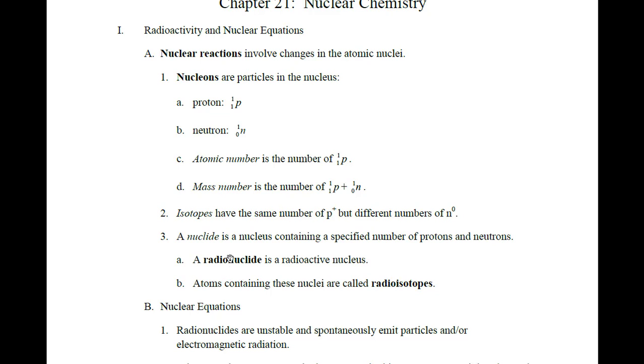But a radionuclide is just the radioactive nucleus of the atom. And so atoms themselves containing radionuclides are called radioisotopes. On this exam, terminology is going to be very important. So make sure you know the definitions of all these terms and keep them straight in your mind about what is what.